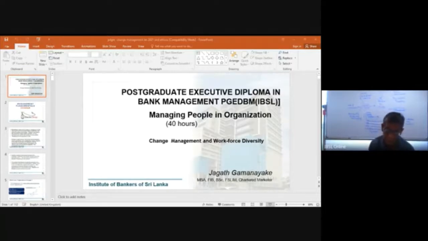Also, we discussed that Quarter also identified four reasons for people to resist. That is parochial self-interest, misunderstanding, low tolerance for change, and different assessment of the situation, right?